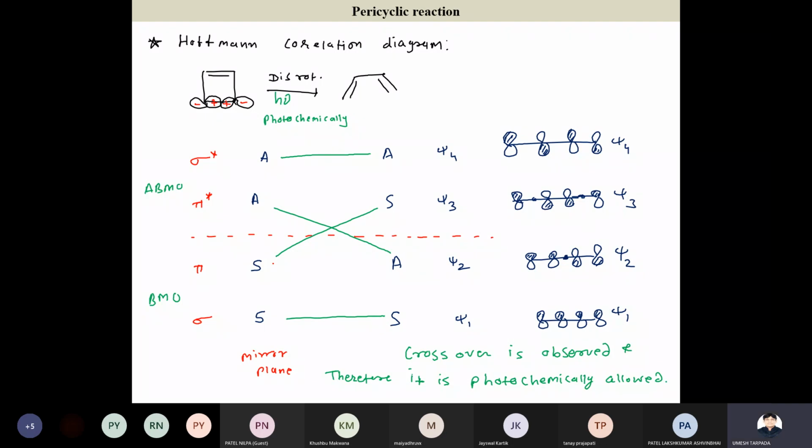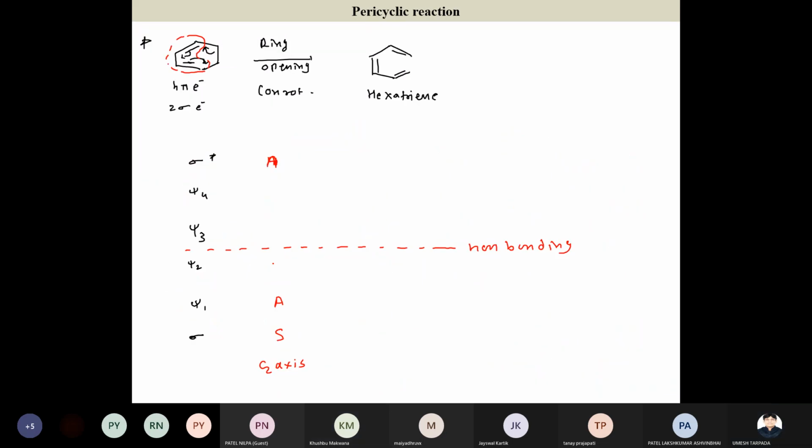Psi 2 is symmetric or asymmetric? C2 axis, symmetric. Psi 3 is asymmetric. It always alternates.